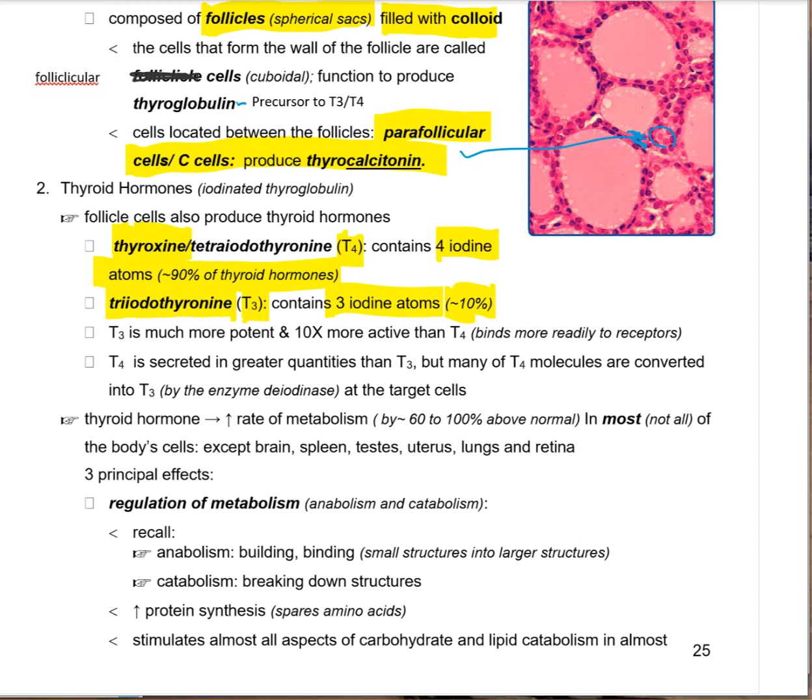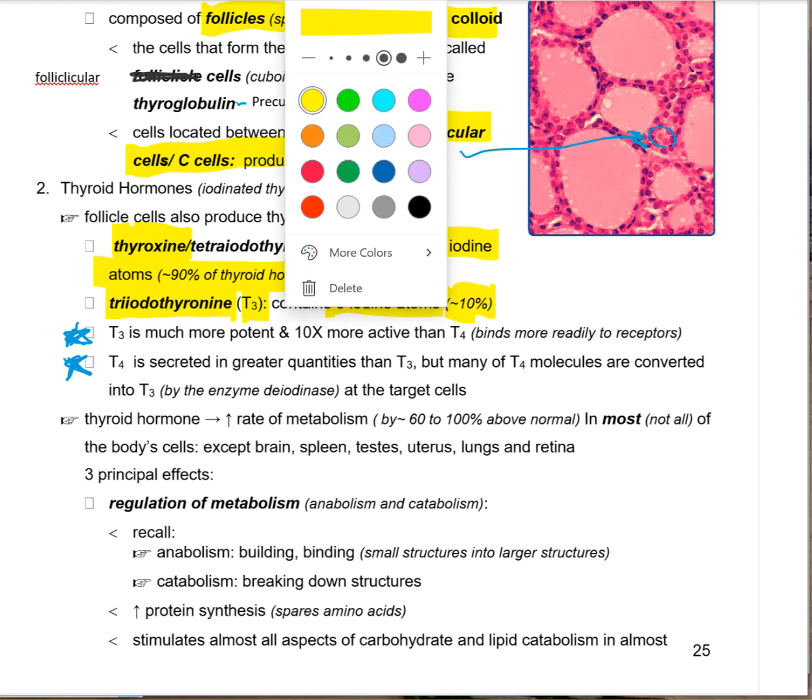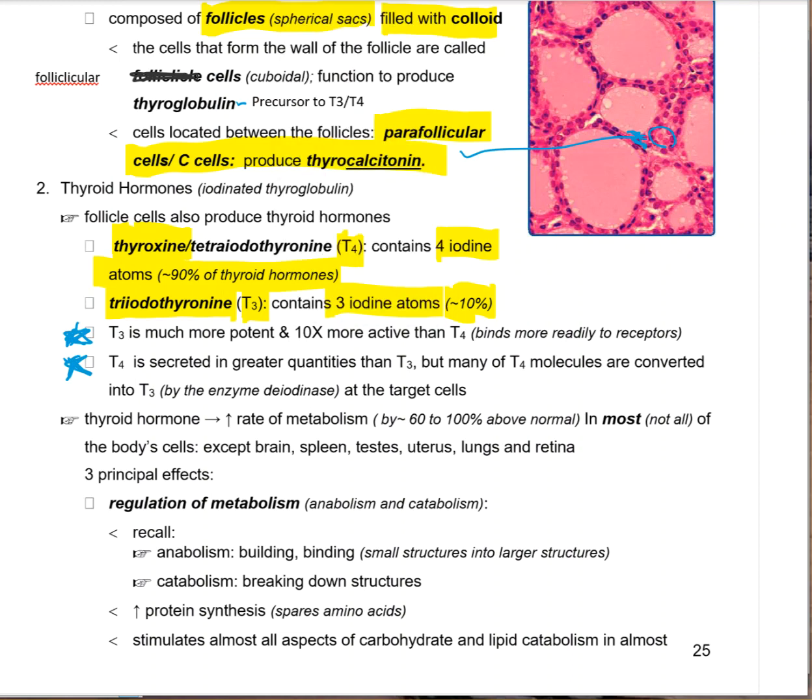Now, an important point here is T3, these are both important points, so we'll start them both. T3 is much more potent of a hormone, 10 times more active than T4. So even though it only shows up at 10%, it's 10 times more active.